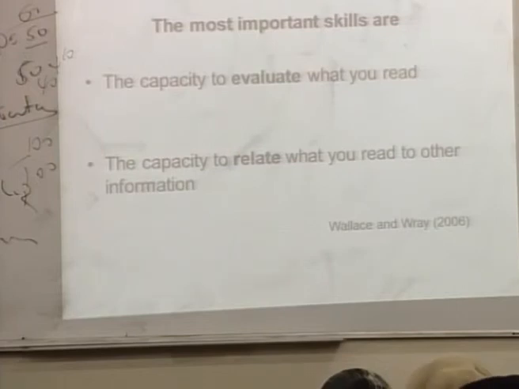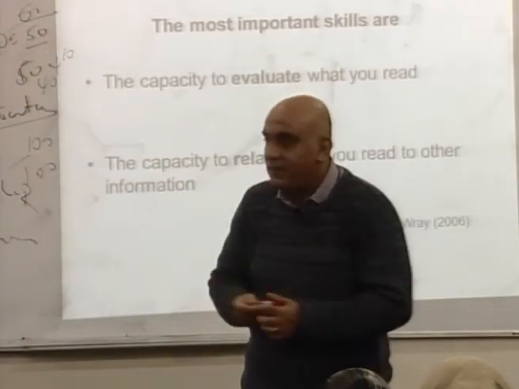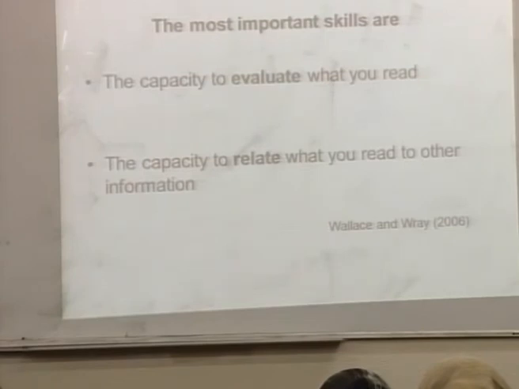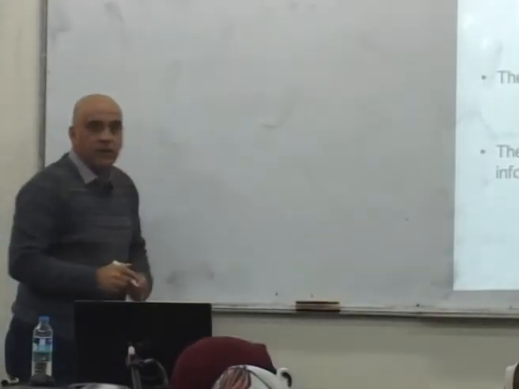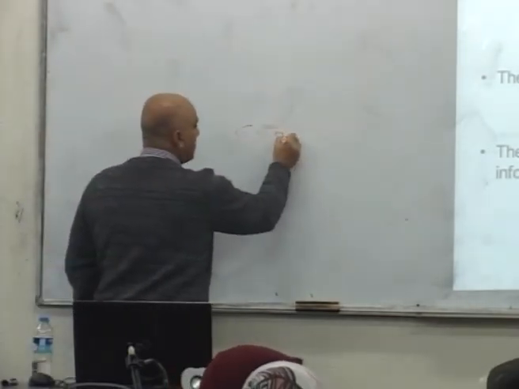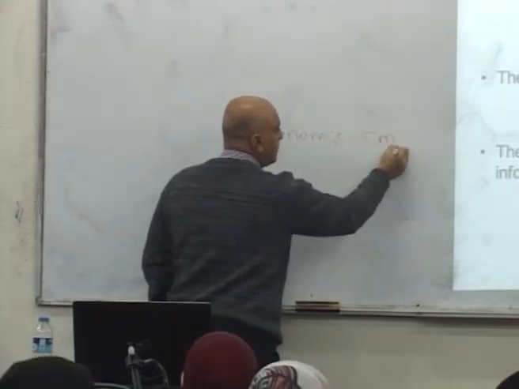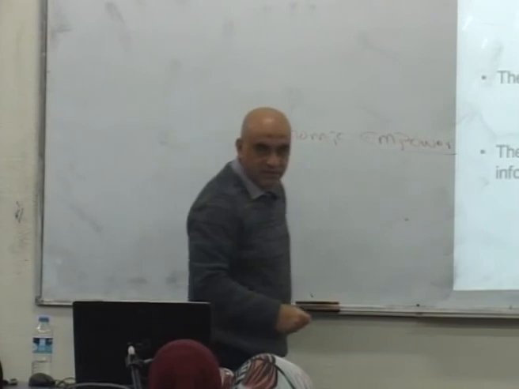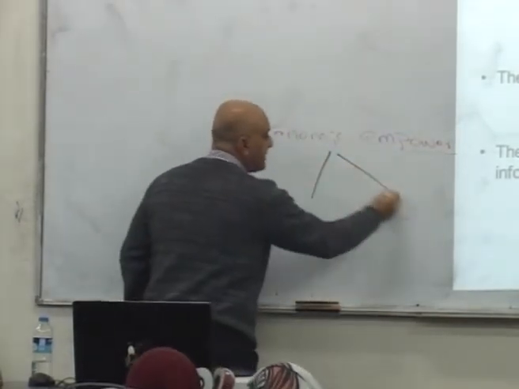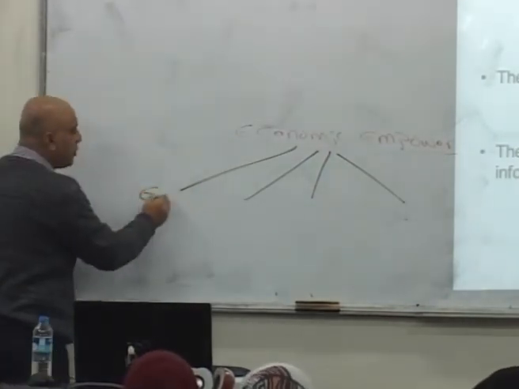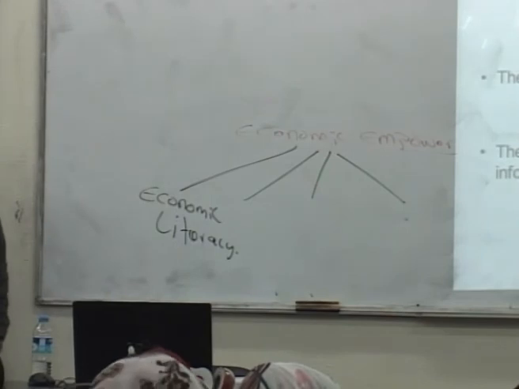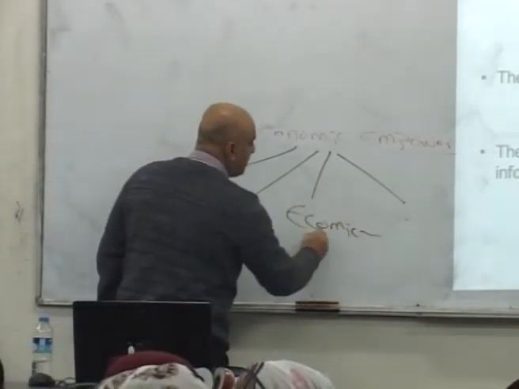The capacity to relate what you read to other information. We want to make a relationship between what you read and other information. For example, let's talk about economic empowerment. Economic empowerment, which is, what? Economic empowerment. In economic empowerment we have different keywords. For instance, economic literacy and economic sufficiency.